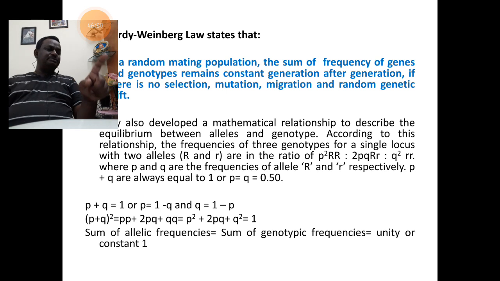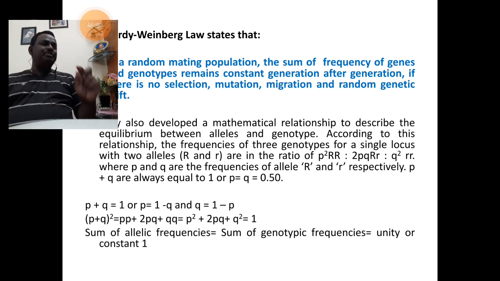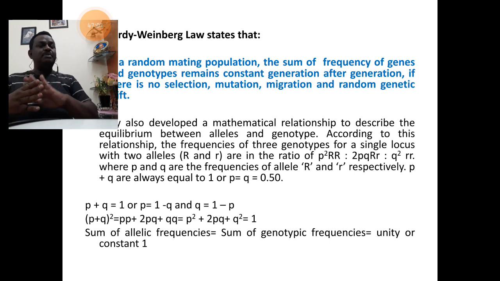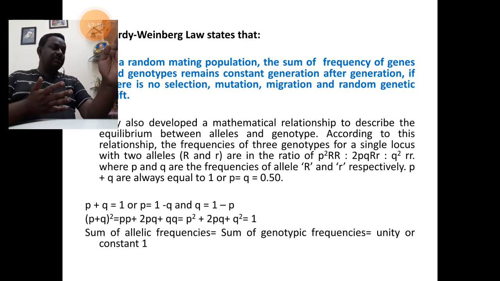Students, I think the concept is clear. P plus Q is equal to 1 represents allelic frequency, the sum total of allelic frequency. So the sum total of genotypic frequency is PP plus 2PQ plus QQ, that is equal to 1.